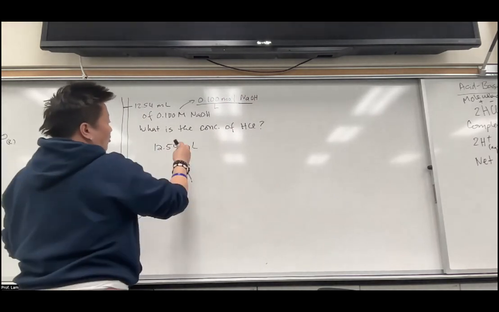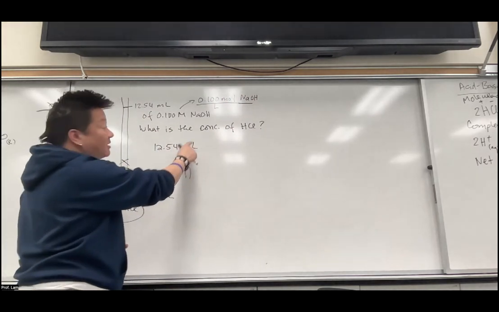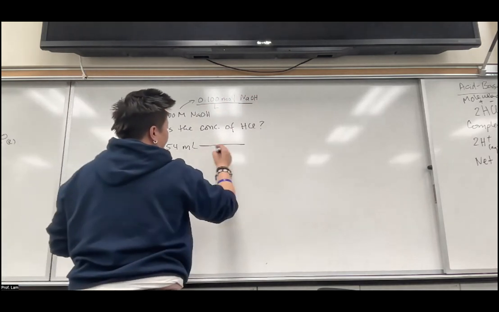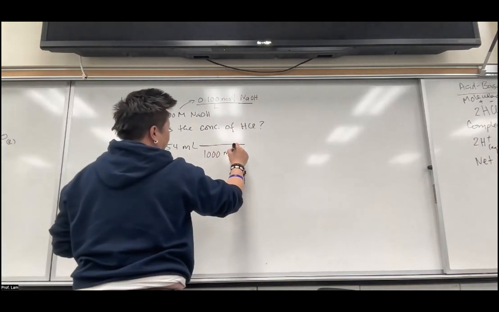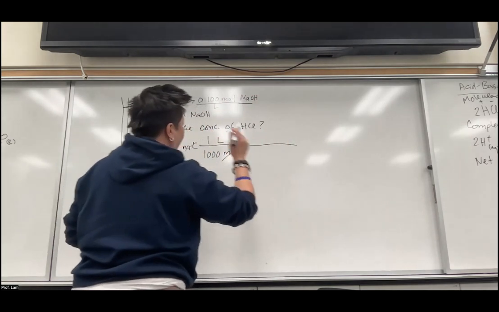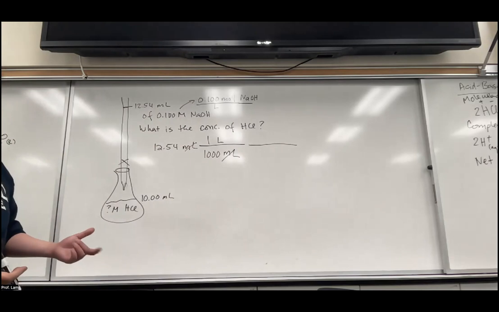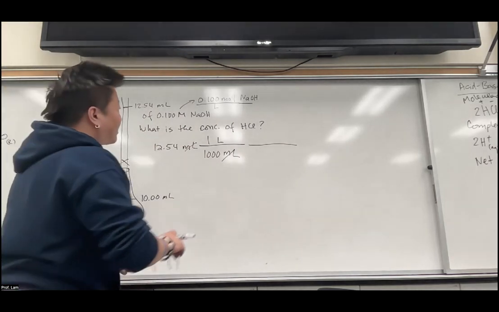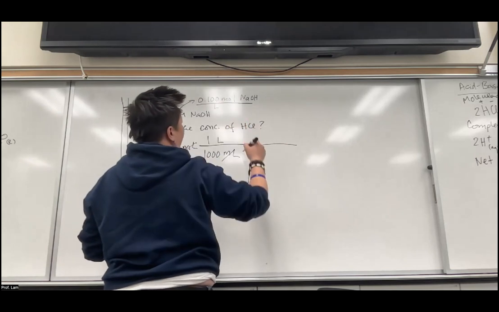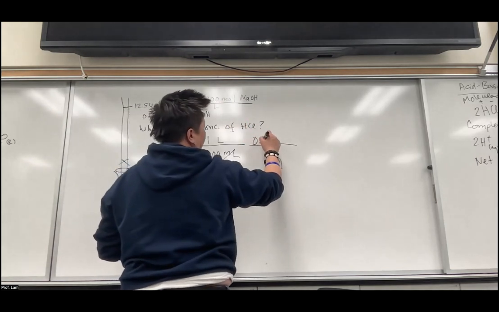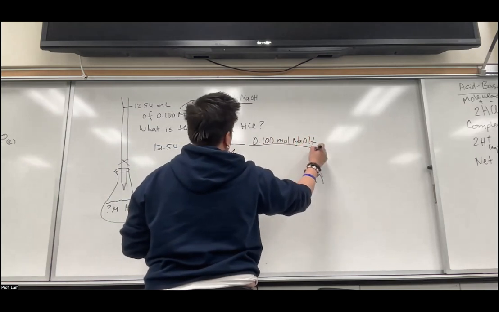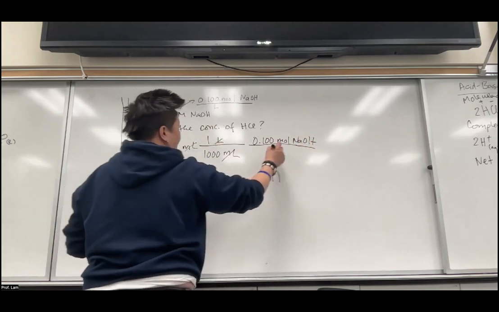So now I know that I need to change my milliliters to liters because my molarity is in that unit. So I'm going to divide by 1,000, 1 liter on top. And now I want moles of NaOH out. So 0.100 moles NaOH should go on top, and 1 liter on bottom.